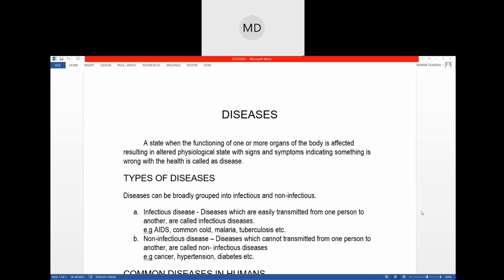Infectious diseases are those diseases which transmit from one person to another. Transmit means transfer. I'll give you a very common example: the common cold, or viral fever, as we say. Not the coronavirus, I'm not talking about that.